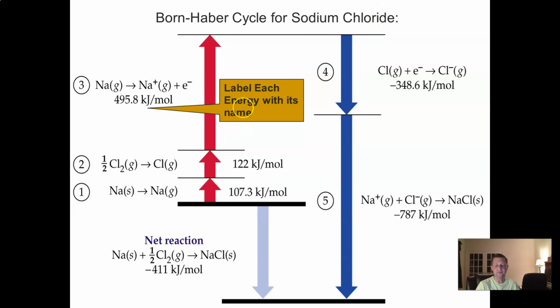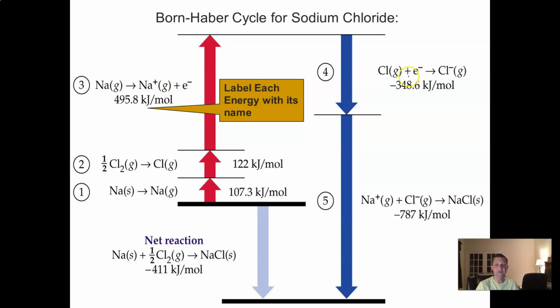So it's that video we watched. So you're putting energy in to turn everything into a gas. The chlorine was already in the gas state. That's why it's important to make sure you know what your states are. But here we have to do that step 2 where you broke the bond of the Cl2 to make individual chlorine here. Step 3, you have to remove your electrons.